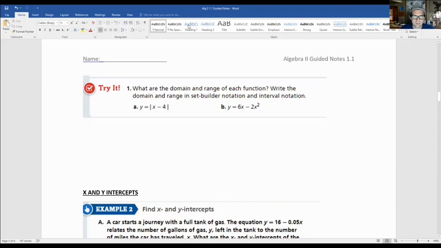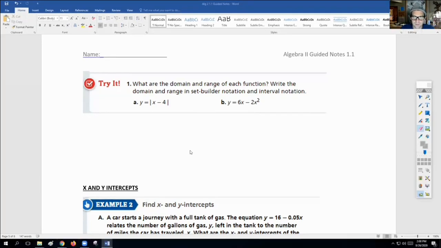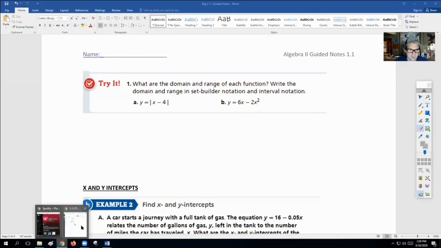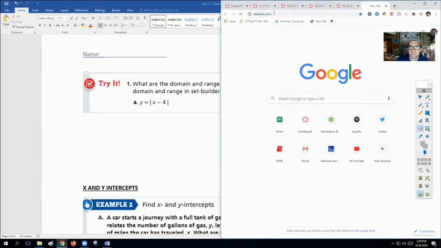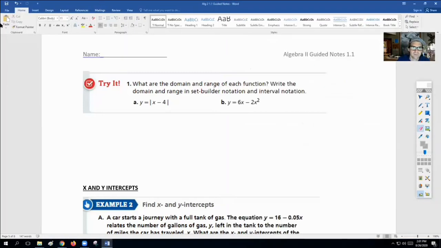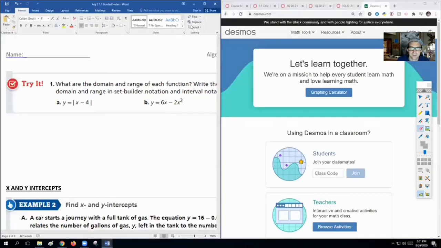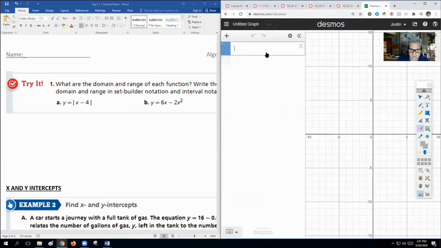So let's see, I'm going to do a new share here. I can do my screen. That's CYU. Let's put up Desmos here. Let's split screen this, and I'm going to double check that that's what you see. You see both of them. All right, let's go to the graphing calculator. Let's first graph this.